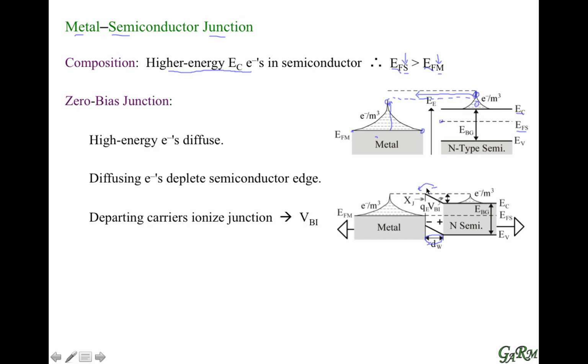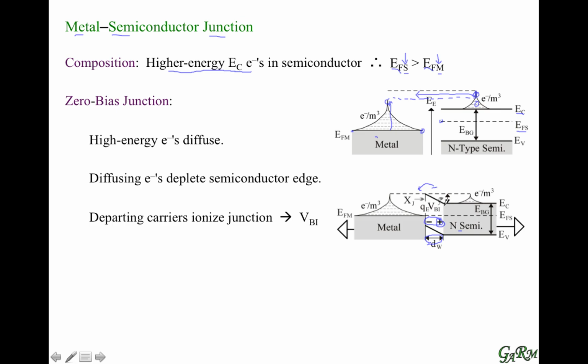The other thing that happens is as electrons leave, the N-type material loses negative charge, so it becomes positively charged. As this process of diffusion continues, this built-in voltage increases to such an extent that at some point it opposes and keeps other electrons from diffusing.